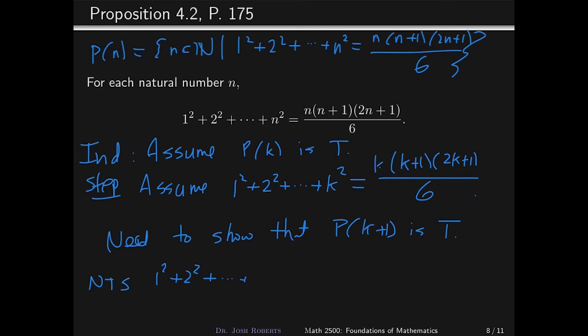Now, I'm going to write something that you might wonder why I'm doing it, but it's actually super duper important. I'm going to write my k squared right there, plus k plus 1 squared. I need to show that this is equal to what I get if I plug k plus 1 into that original right-hand side up here.